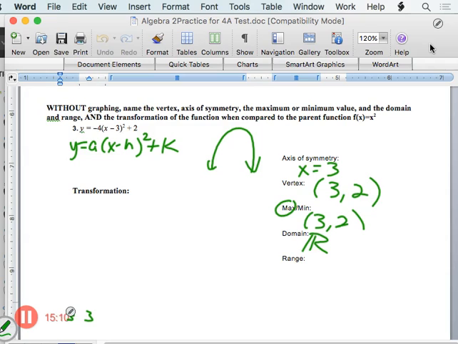Riley, what should we put down there for range? Great. That's our highest point up here. Like I said, even just this little sketch right there, that's all we need.